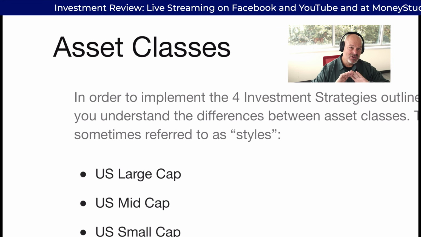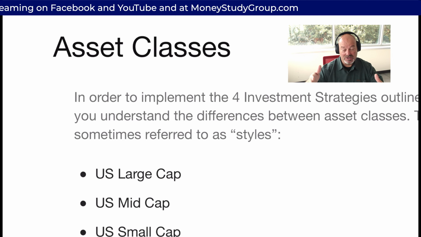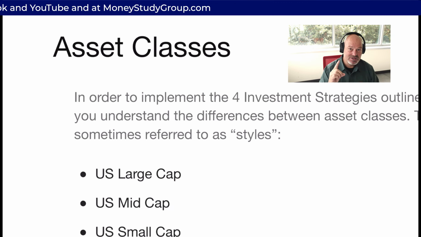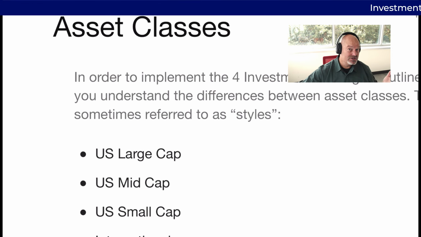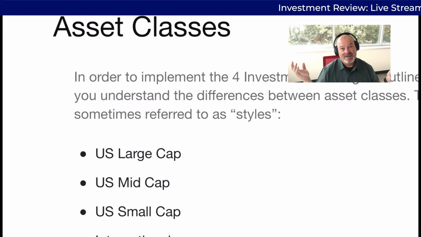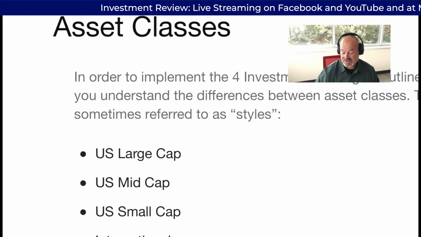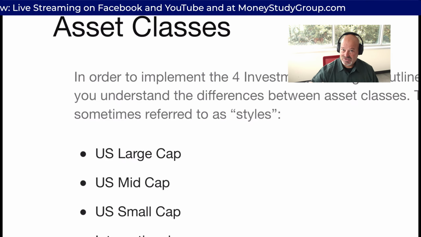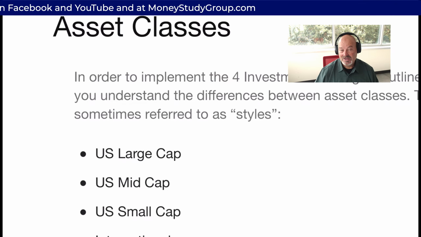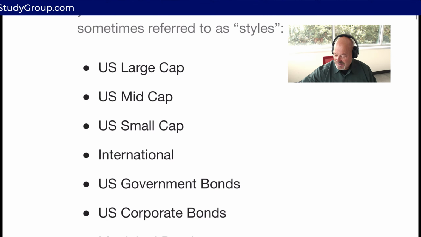By having good asset allocation in your investment portfolio over time, it is the single most important determinant of your portfolio's returns. So asset allocation is hugely important, but you have to understand asset classes to really have a chance of taking advantage of a good old-fashioned asset allocation. It's not hard. It's something you're going to want to continue to learn about throughout your investing life. It's worth learning about, so I would encourage you to learn about asset classes.